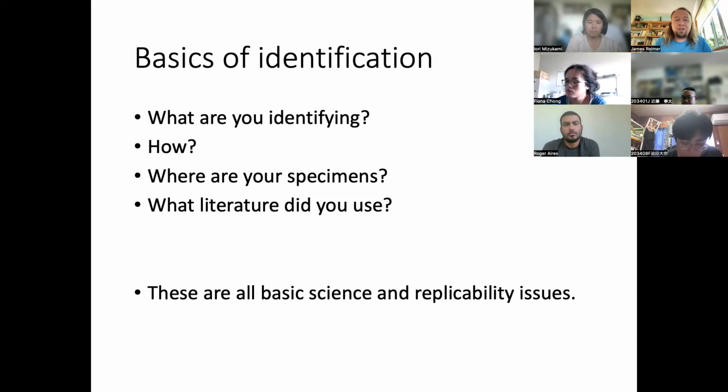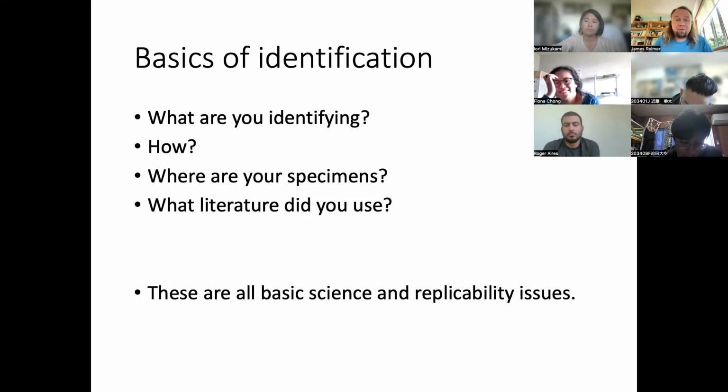And so you need to explain, for example for Fiona, not only "oh, we collected Acropora," you need to say how do you know they're Acropora? What books, what papers did you use to identify them? And also, if you have those little tiny specimens, where are they?